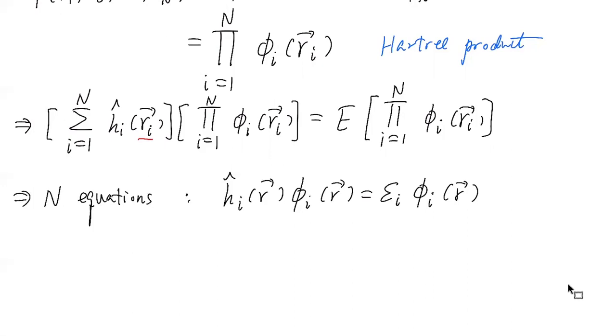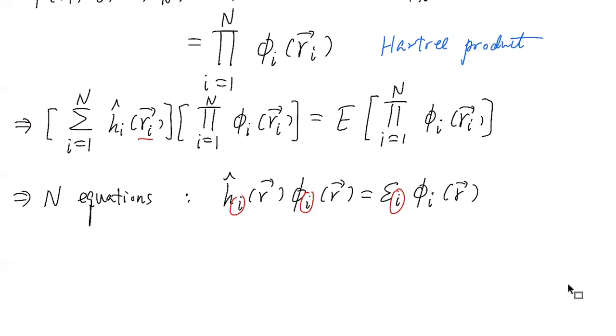The r here in the single equation is simply a dummy index. So for a dummy index, I can just remove the index i. But of course, if you want, you can still write ri, no problem. Here I still write h_i, phi_i, and epsilon_i, because I want to emphasize this is for the ith particle, the ith independent particle wave function.